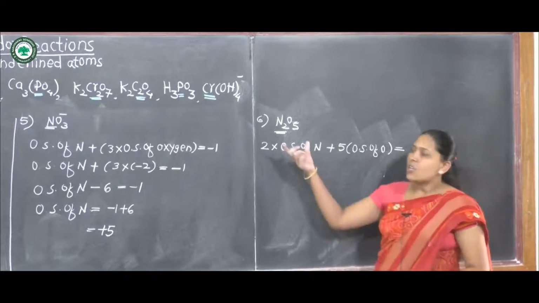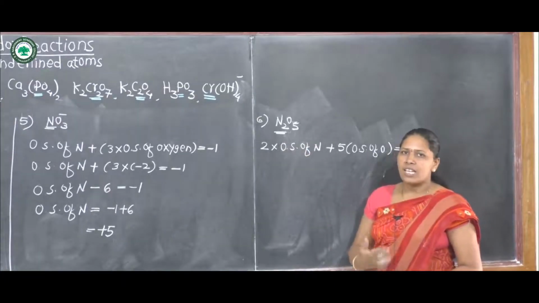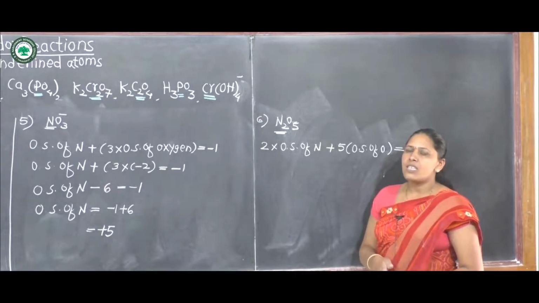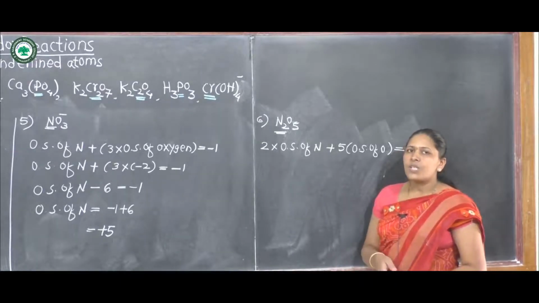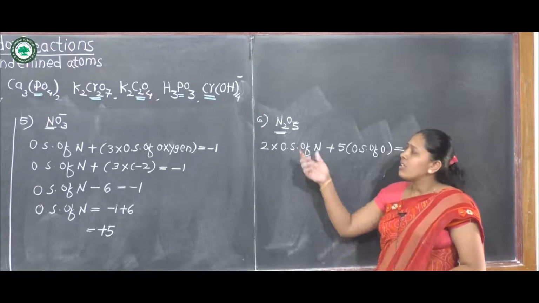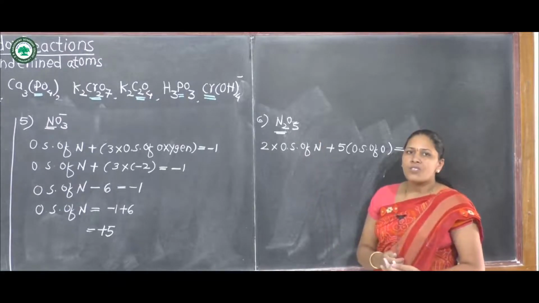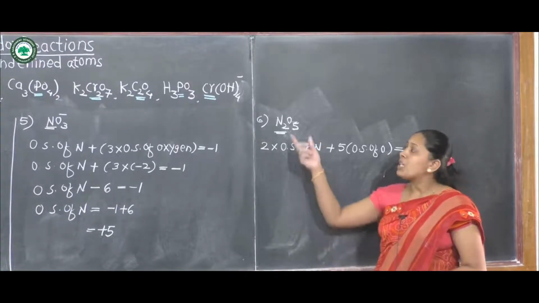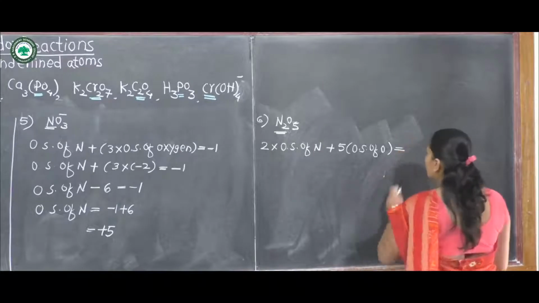It is not a cation or anion, it is not an ionic species, therefore according to the rule, the algebraic sum of the oxidation states of all atoms in a neutral molecule is equal to 0.